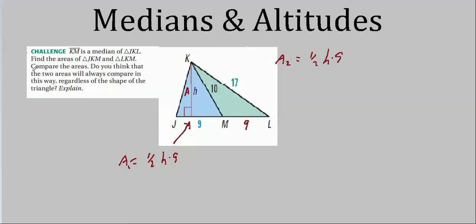Now, will any two areas compare regardless of the shape of the triangle? I'm not sure what they're trying to say there. It's certainly true that any two triangles with the same height and base are going to have the same area. If that's what they're getting at, then okay. But if you take any triangle and create a second triangle this way, I don't think it really matters what triangle it is.